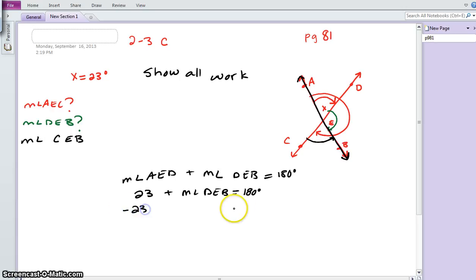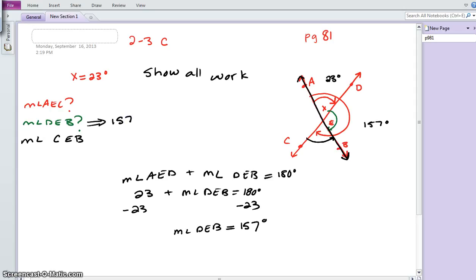We subtract 23 from both sides, so the measure of angle DEB equals, is that 157? 180 minus 20 is 160, minus another 3 is 157 degrees. So when x is 23 degrees, the measure of angle DEB is 157. Is that one of the angles we're looking for? Here it is.